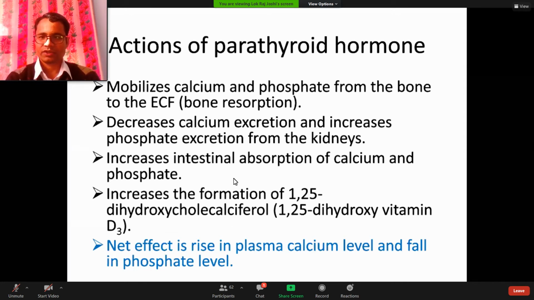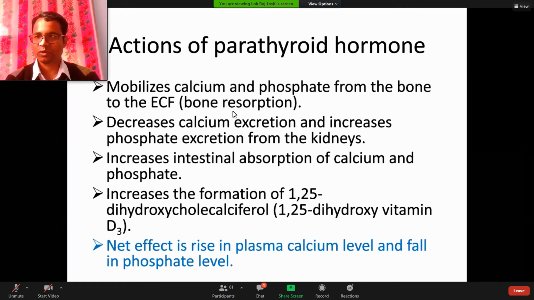These are three important functions of parathyroid hormone: one at the level of bone, another at the intestines, another related to vitamin D3, and the next one, at the level of kidneys: calcium excretion is decreased, meaning calcium reabsorption is increased, but phosphate excretion is increased, meaning reabsorption is decreased, under the action of parathyroid hormone.